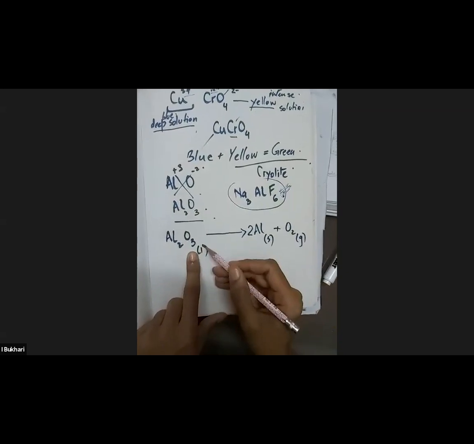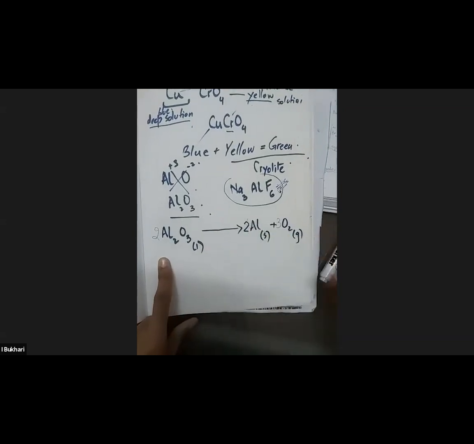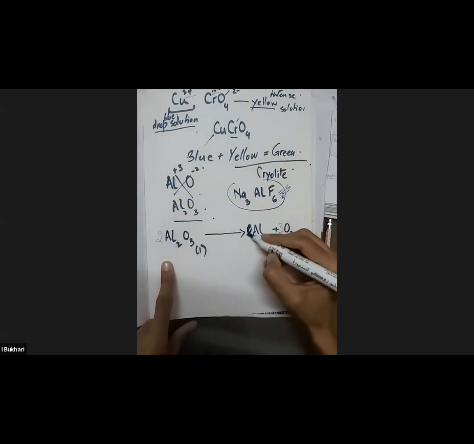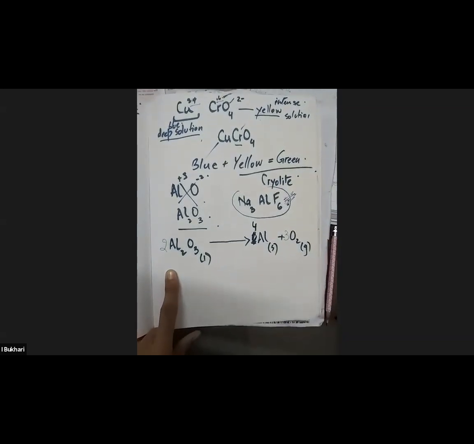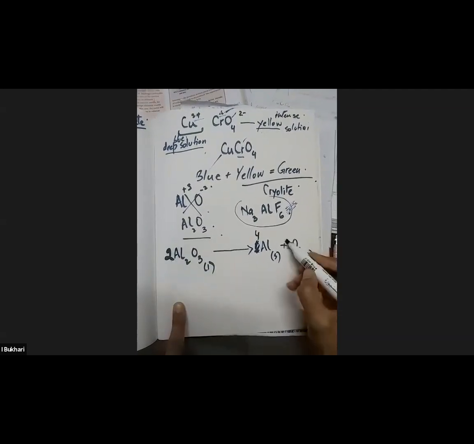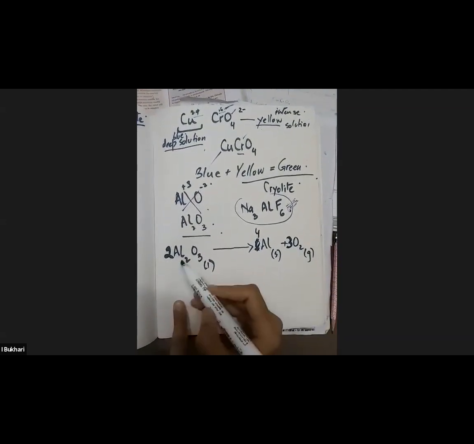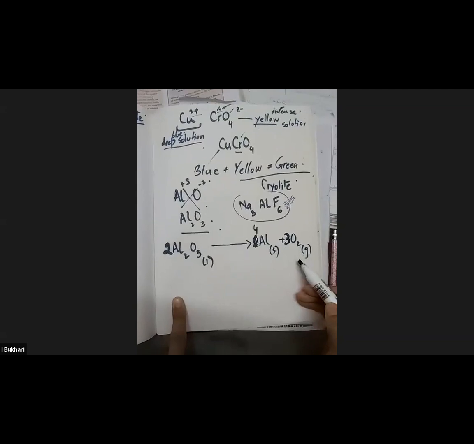Wait. 2 3s are 6 and 3 2s are 6, so I got this wrong. 2 2s are 4, so 4 aluminum. So the balanced equation is 2 aluminum oxide, 4 aluminum and 3 oxygen.